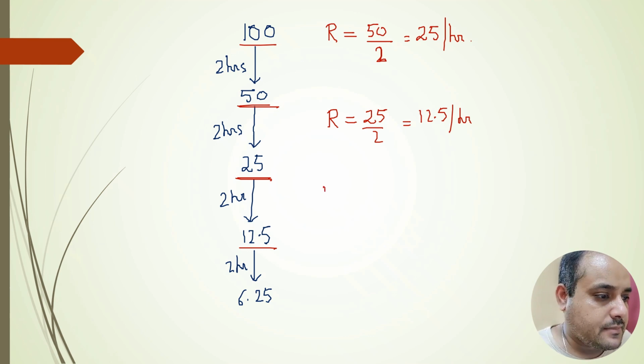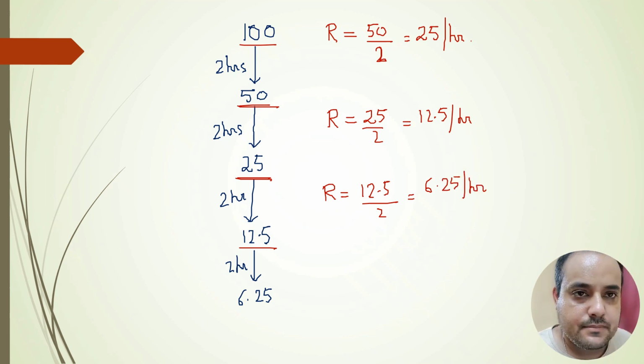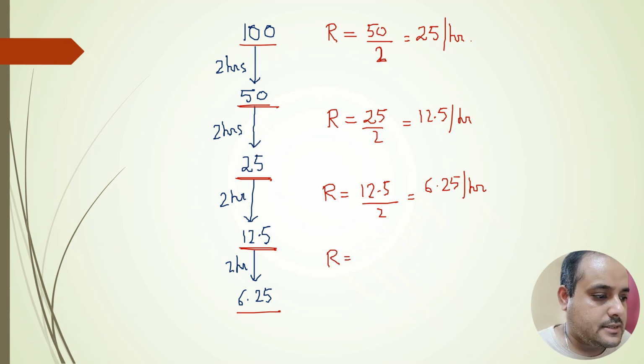That means I lost 12.5 molecules of the drug in 2 hours. So now the rate will be 6.25 per hour. And in this case I had 12.5 and then I ended up with 6.25. That means I have lost 6.25 molecules in 2 hours and the rate of elimination is 3.125 per hour.